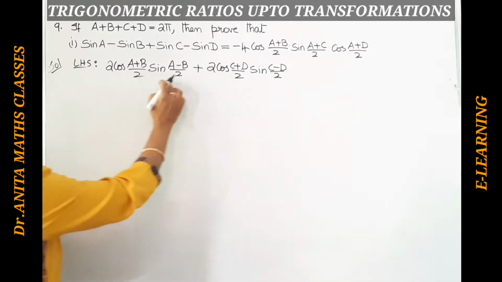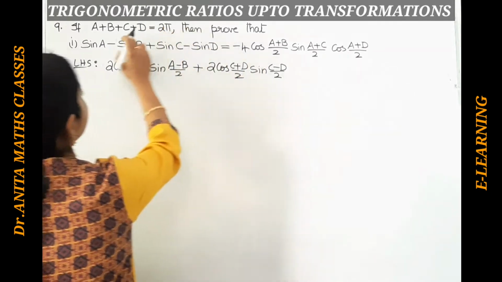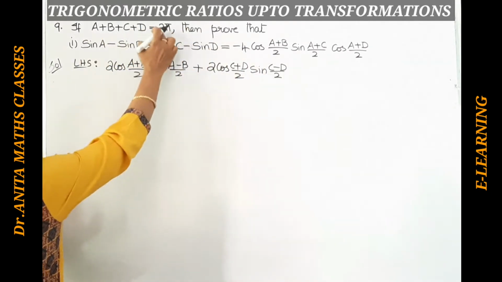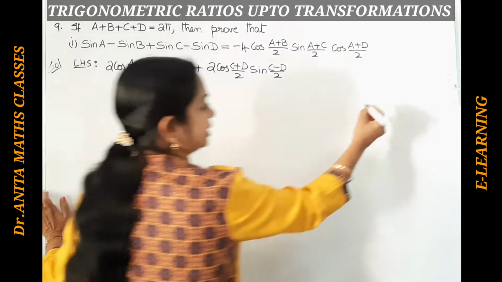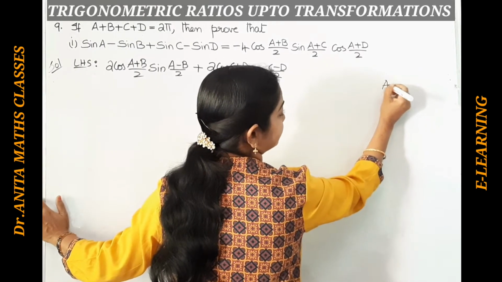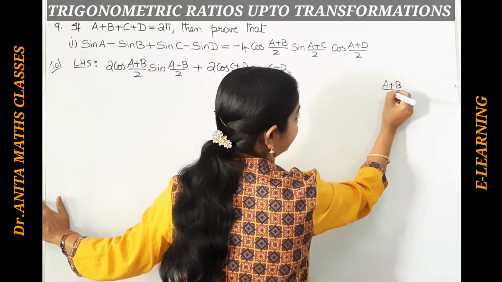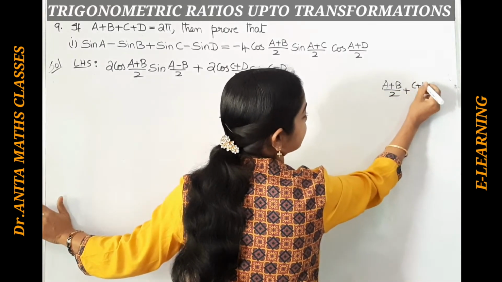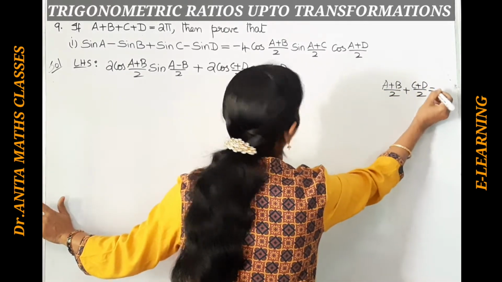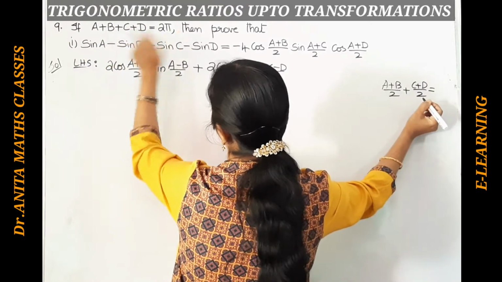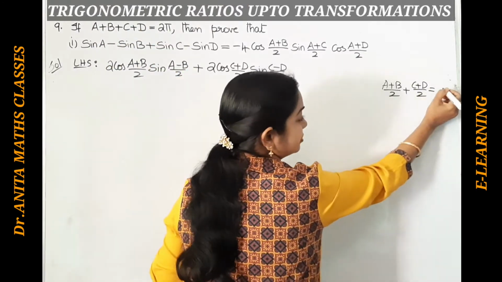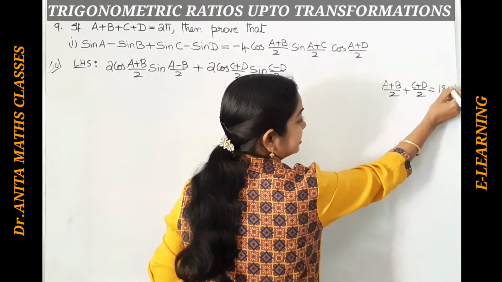Now in all these, if you see, A plus B plus C plus D is 2 pi, isn't it? So if I take A plus B by 2 plus C plus D by 2, dividing both sides by 2, 2 pi by 2 is just pi, that is 180 degrees here.